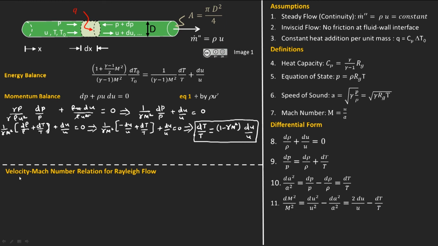Therefore, d of M square over M square equals 2 times du over u minus dt over t, and in the next step I'm just going to use what we derived just now, that is dt over t in terms of du over u and the Mach number, and just substitute in for dt over t as 1 minus gamma M square multiplied by du over u.